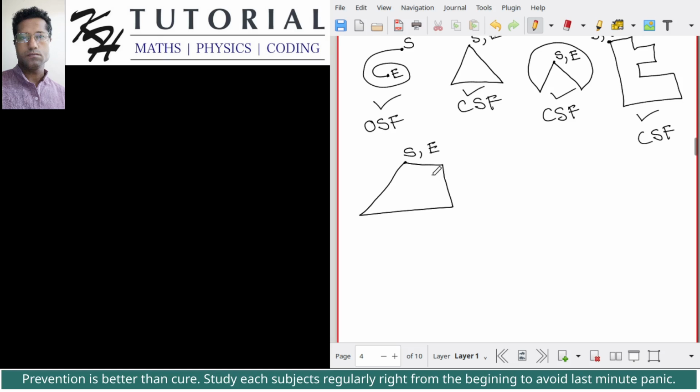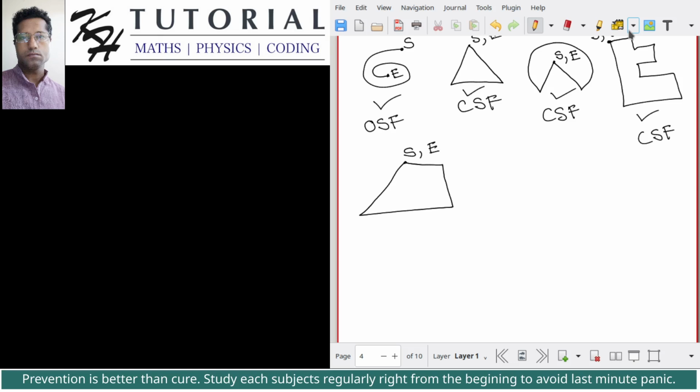That is, the end point of the figure is the same as the starting point of the figure. Now can we say that this figure is intersecting with itself at the point S or E? No, because if the starting point and end point coincide, that can never be the point where the figure is intersecting with itself.